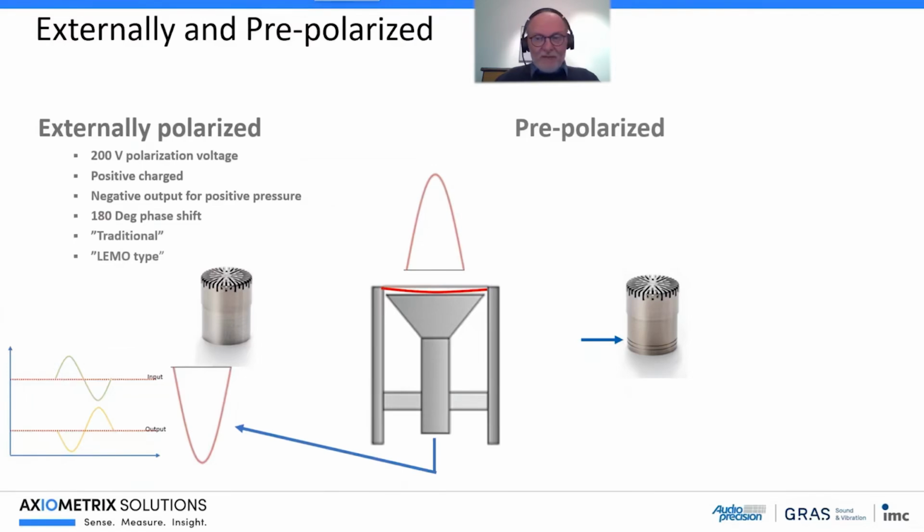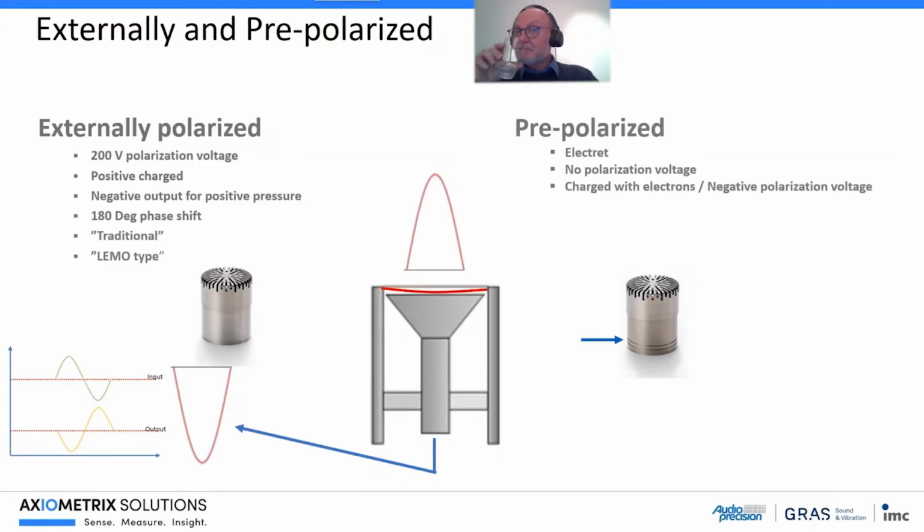Pre-polarized microphones are electret microphones. We actually have no polarization voltage, or we don't need an external polarization voltage. This is because we have, so to say, a built-in battery in the microphone.